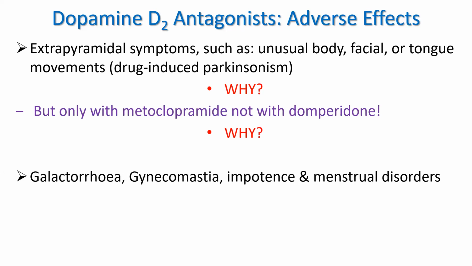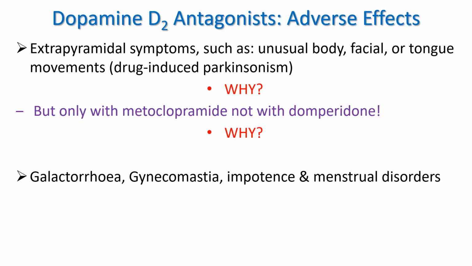The other adverse effect that you see is galactorrhea, gynecomastia, impotence, and menstrual disorders. And why do we have these things? As an adverse effect, why do we get these things? What is the site of action? You don't remember?